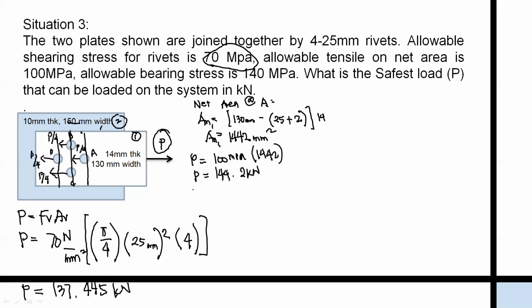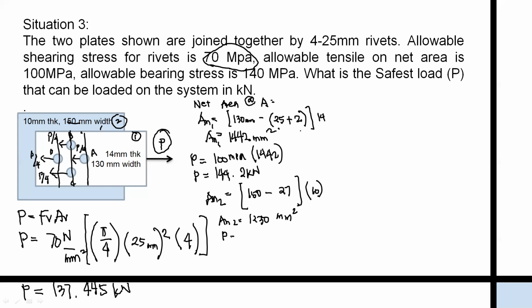How about our plate 2? That would be 150, with 1 bolt, which is 27, the diameter of our bolt, because that is 25 plus 2 already, times the thickness of 10. So we have 1,230 square millimeter.